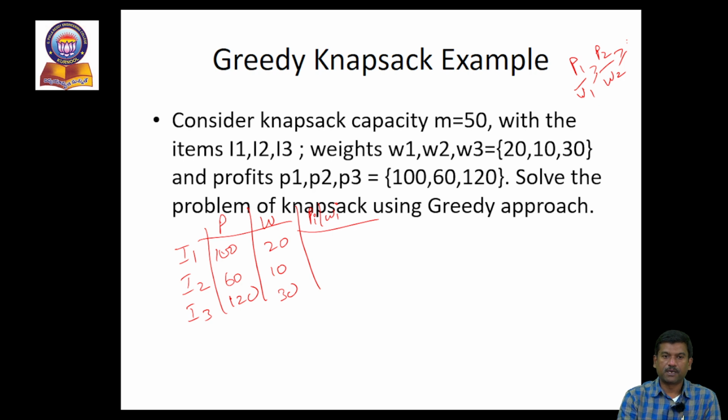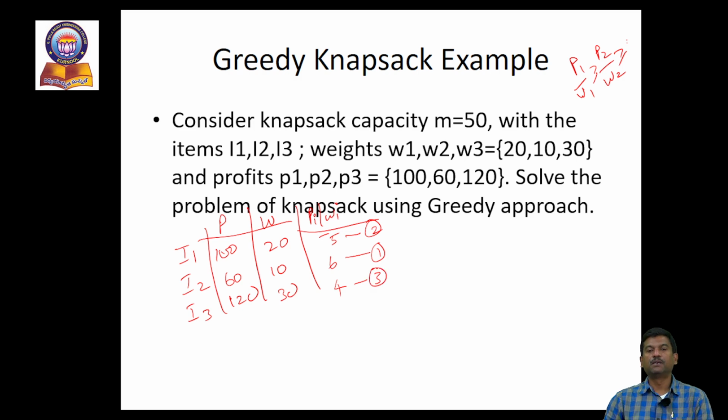So what is this Pi by Wi? That is P1 by W1, 100 by 20, which equals 5, and here 60 by 10, which equals 6, and the next one, 120 by 30, which equals 4. So this is your first item, I mean the first item to be taken into the solution set, and similarly this is the second item, and this is the third item.